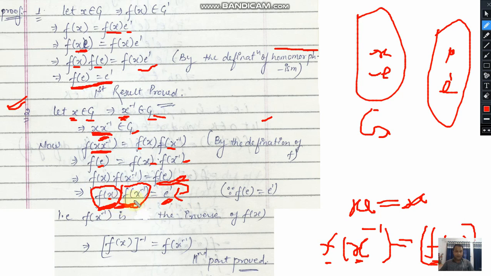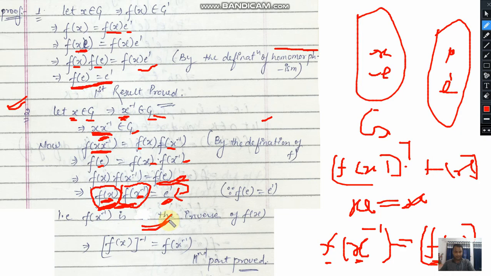It means one of them is the inverse of the other. So we can say that f(x) is the inverse of f(x inverse). If we apply the inverse here, then this will be equivalent to f(x) inverse. So this is our desired result, which we wanted to prove here.